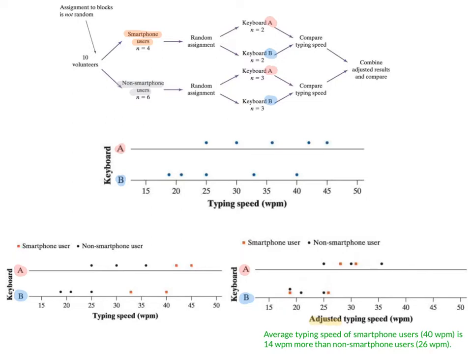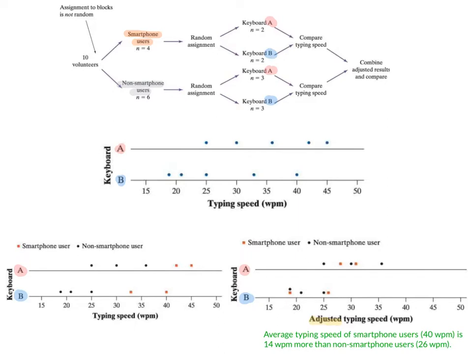So when you take away 14 from all of the smartphone users so that they're at the same level as non-smartphone users, this is the dot plot that we get. So our smartphone users kind of are in the middle of the pack here, and they're kind of at the beginning and the end of the pack for the keyboard B. But still, keyboard A, I think, would be the choice that I would go with, at least using this randomized block design.